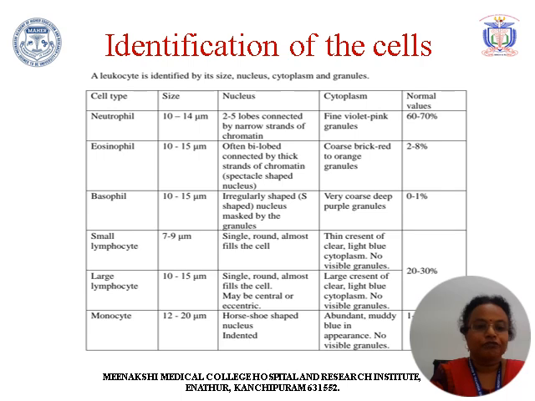The percentage of small lymphocytes and large lymphocytes put together is around 20-30%, and monocytes are around 8%. So if you can remember the size, the nature of the nucleus, the nature of the cytoplasm, and the presence or absence of granules, and the differentiating features of the granules, you will be able to identify the leukocyte under the microscope.